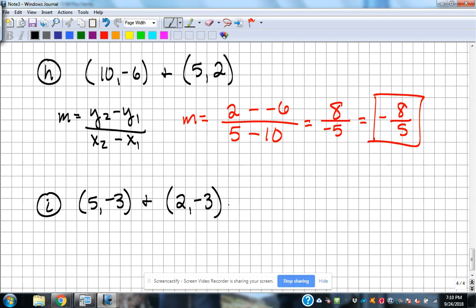(5, -3) and (2, -3). Again, we're going to find the slope. y2 minus y1 over x2 minus x1.